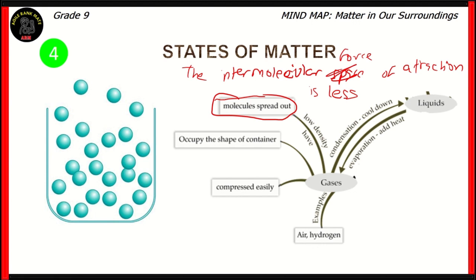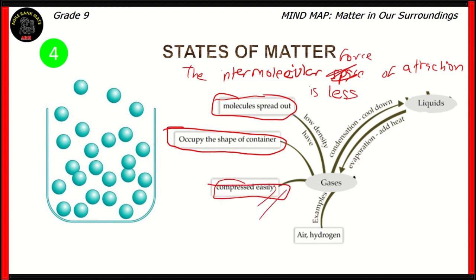So if we were to open a bottle full of gas, then it would quickly spread out before we can close it, and a large amount of gas would be lost into the atmosphere. And they also, like liquids, occupy the shape of the container, as we have discussed. And these gases can be compressed very easily.